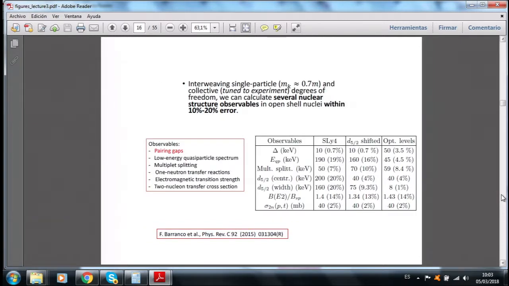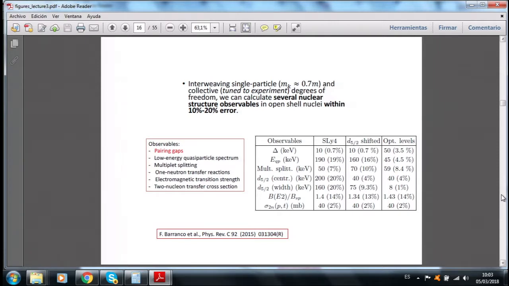Well, and this is just a summary of all the observables that we have been analyzing, and these are the deviations, the systematic errors that we obtain. These errors are obtained with the Lyon-4 Skyrme interaction.